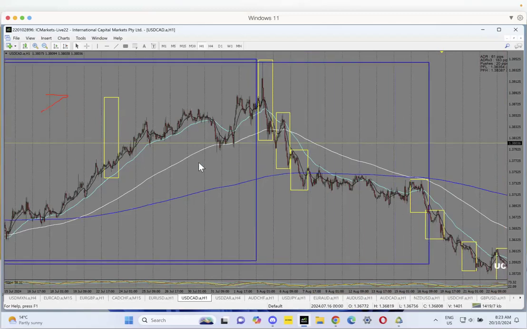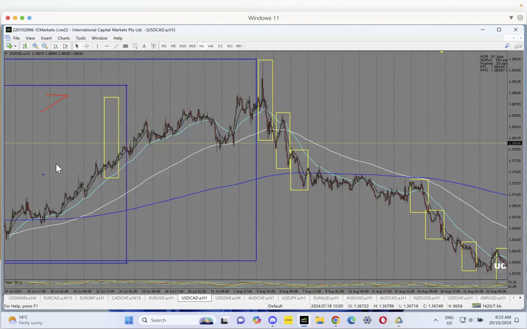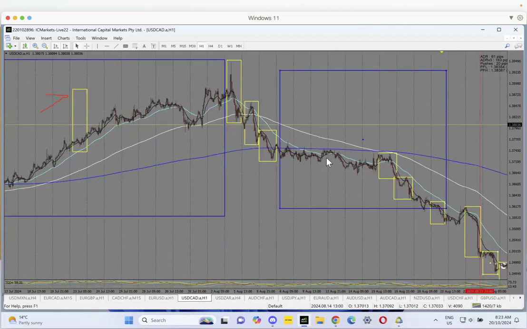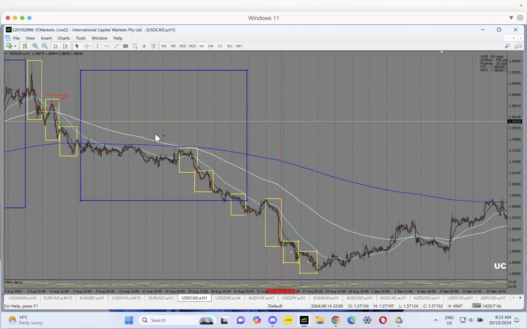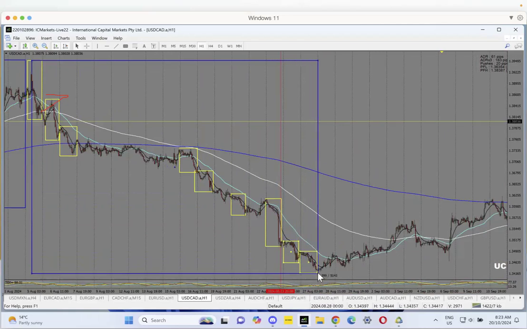So that means we are going to work with this particular line. If you want to work with a shark fin, you need to count your levels. Don't just take any shark fin, because shark fins are caused by a rapid movement of price in a certain direction. That's what causes shark fins, a rapid movement of price. And you can see right there, this was news. News rapidly moved price right there.